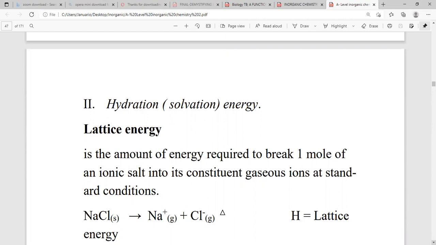We are looking at an ionic salt being broken down into its constituent gaseous ions, and this takes place at standard conditions.